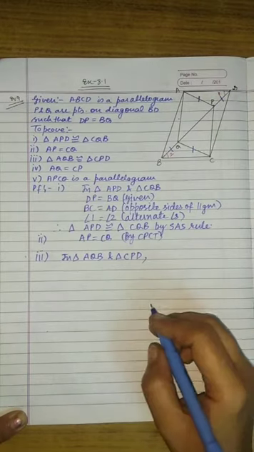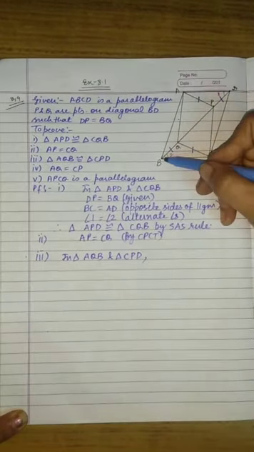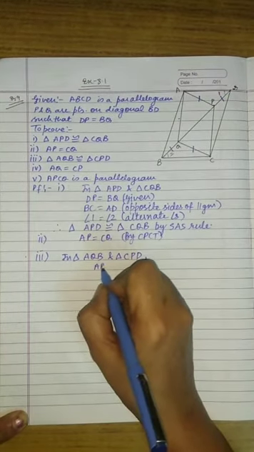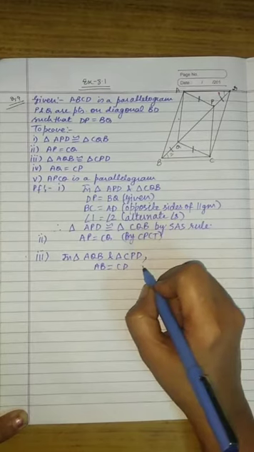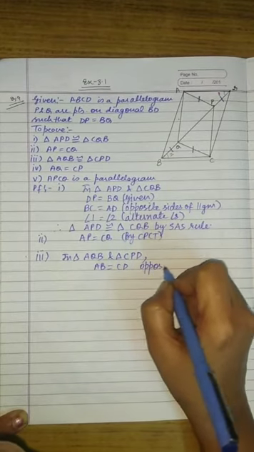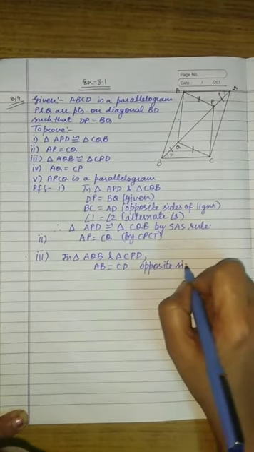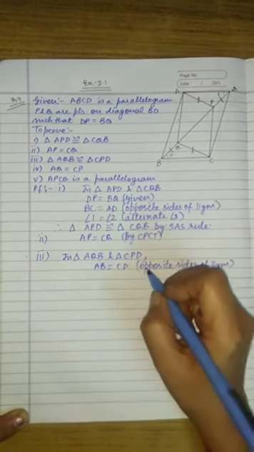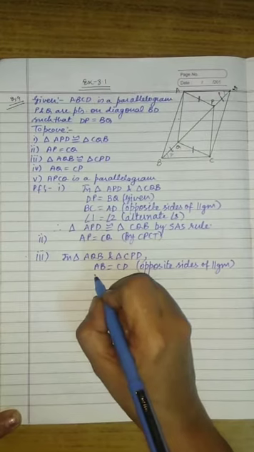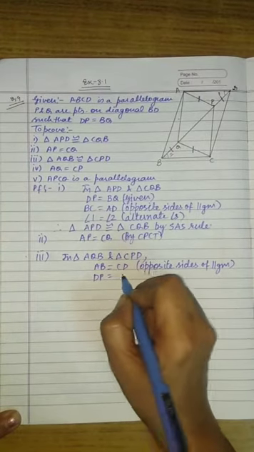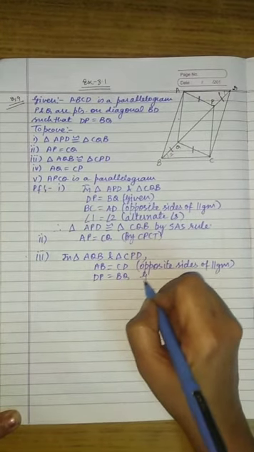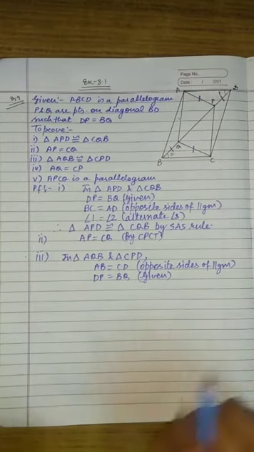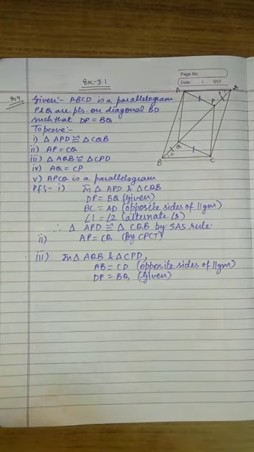In these two triangles also, side AB and side CD are equal. So we will write AB is equal to CD, opposite sides of parallelogram. Again, DP is equal to BQ, given. And then third element will be alternate angle.